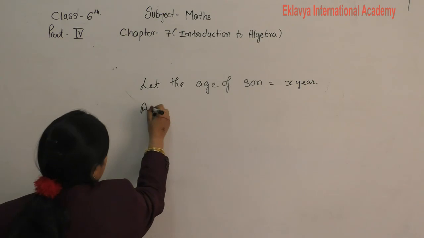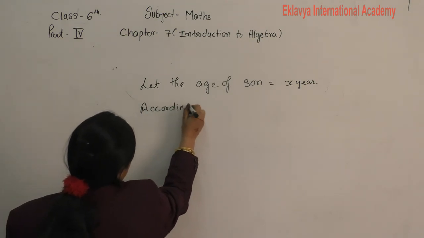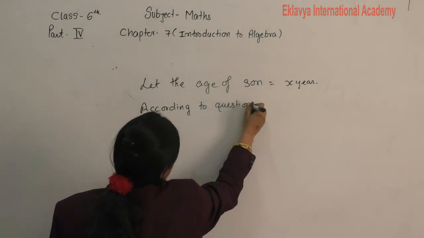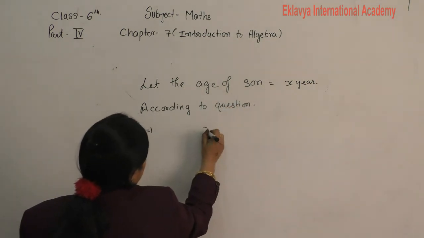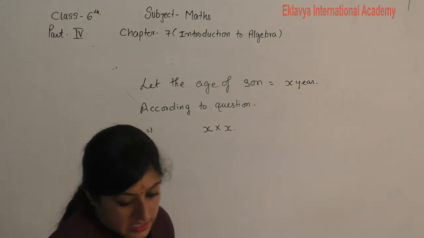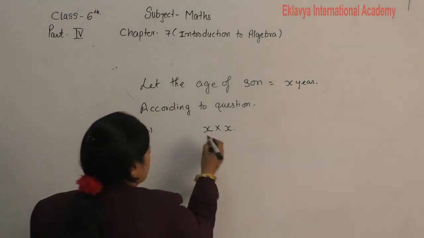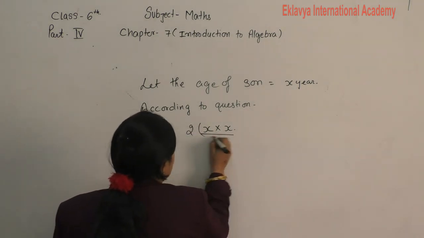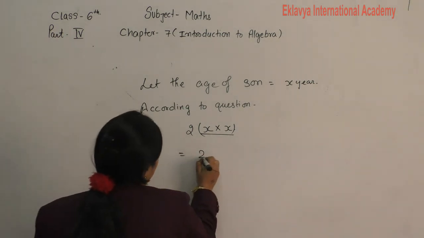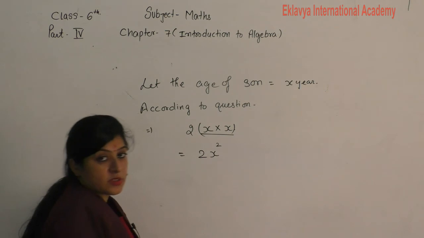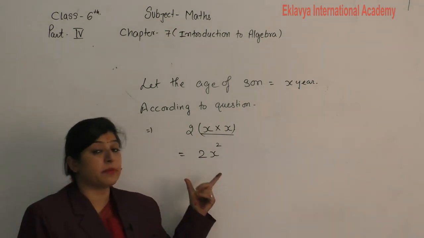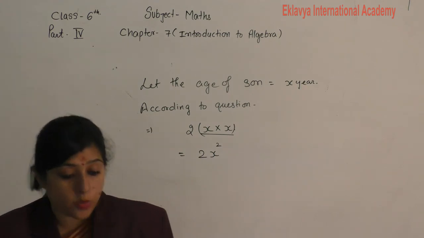Then according to the question, multiply your age by itself, x multiply by x, and then double it. Twice the value, then it becomes 2x square. So what is your pocket money? The algebraic expression of your pocket money becomes 2x square.